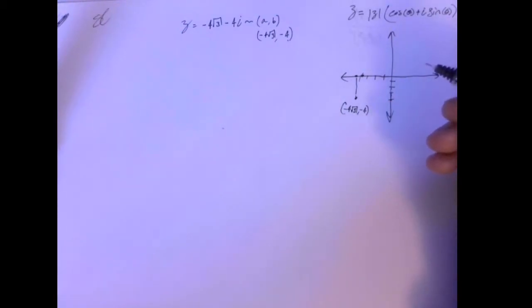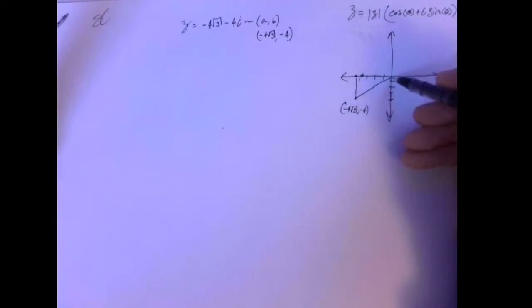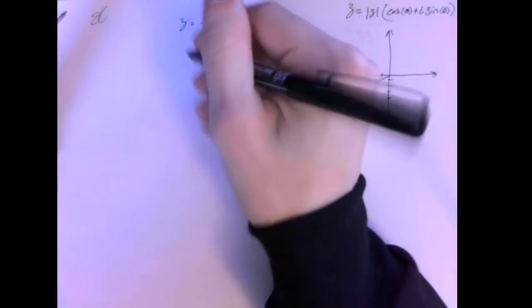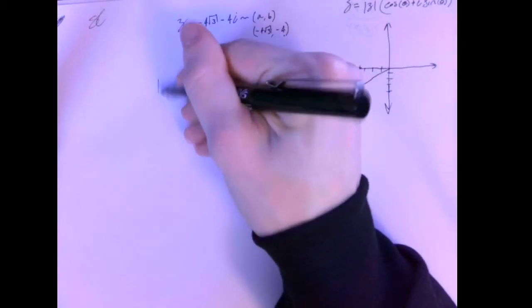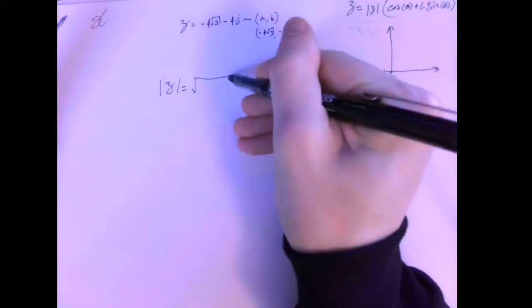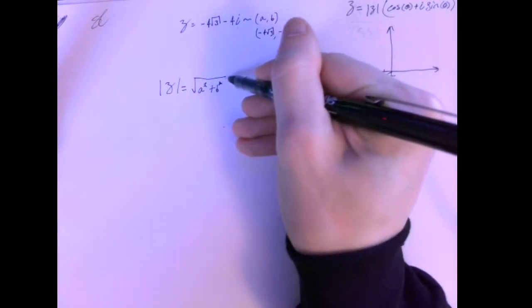Alright, so from here we want to find the modulus, which is the distance that this point is from the origin. That's going to be this distance right here. How do we find that? The modulus, absolute value of z, is equal to the square root of a squared plus b squared. You may have seen something similar to this before, and that's because you have.